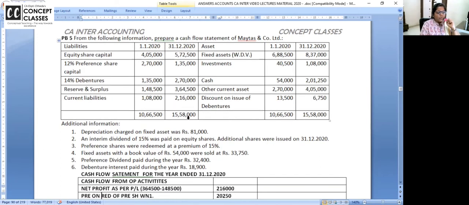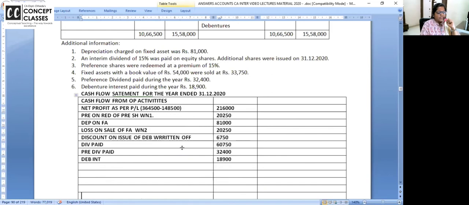So I think we have put through all except the working capital changes. So start totaling this and tell me, what is your cash flow before working capital changes?